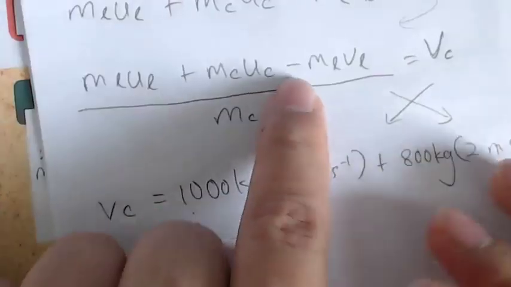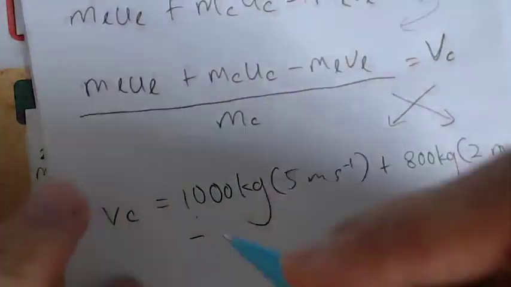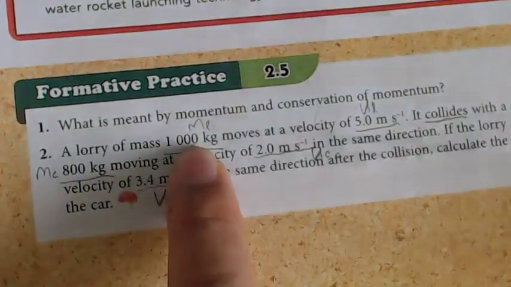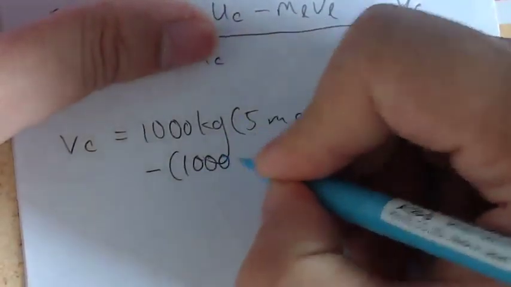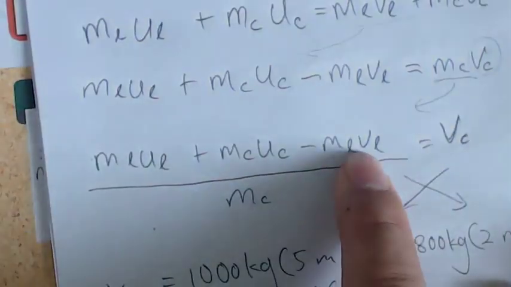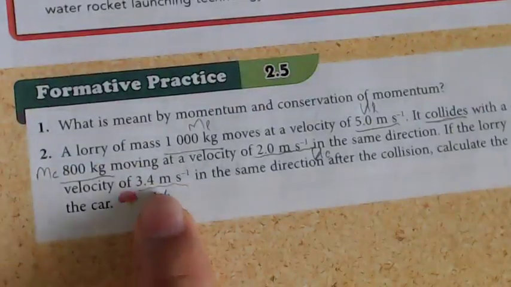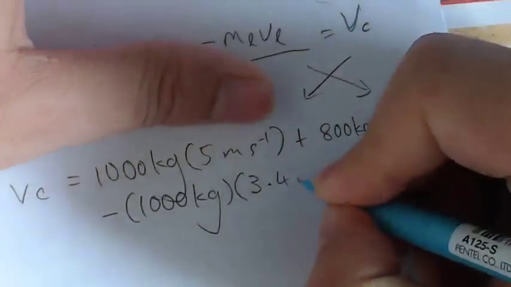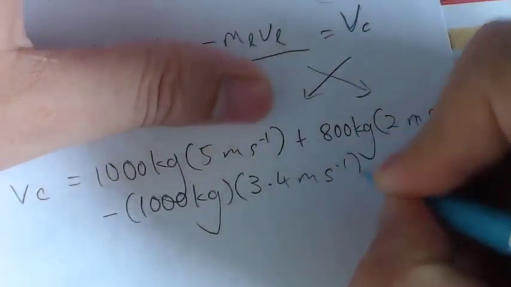Minus ML, which refers to 1000 kilogram, multiplied with VL. VL refers to this 3.4 meter per second.